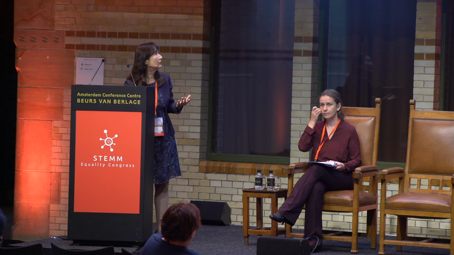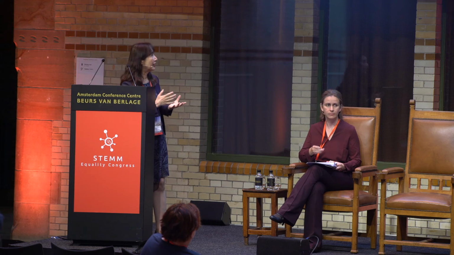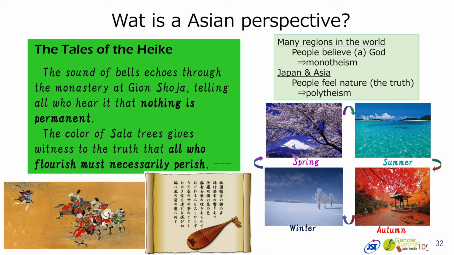So GGI compared just gender equality in economy and politics. But I think gender equality in education and health is very important. So I would like to show you what the Asian perspective is, because I think the Asian perspective will be more important.